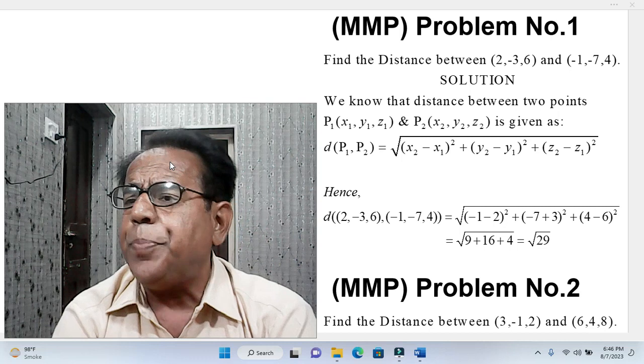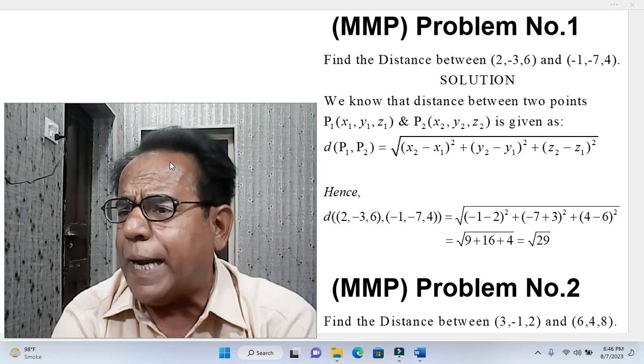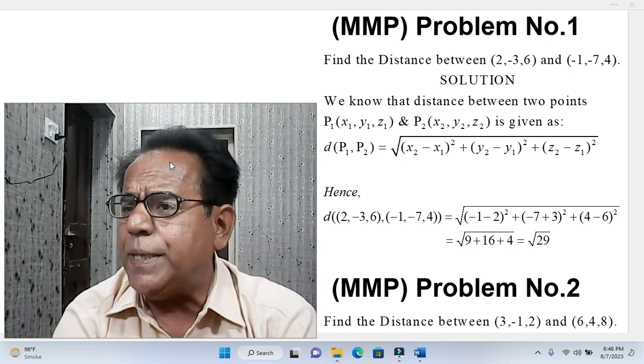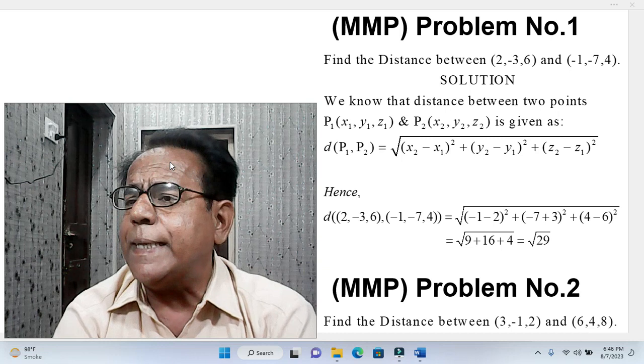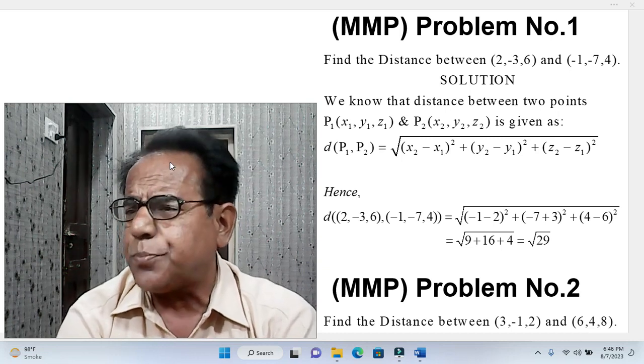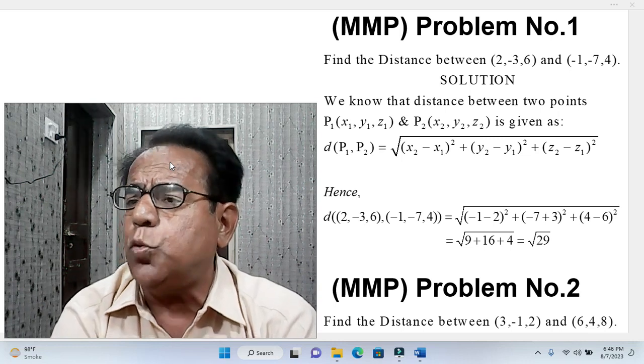So after simplification it becomes 9, which is square of 3, plus 16, which is the square of minus 4, plus 4, which is the square of minus 2.